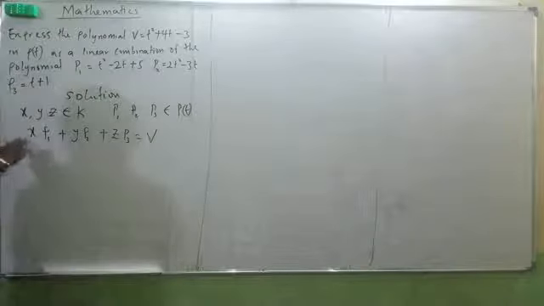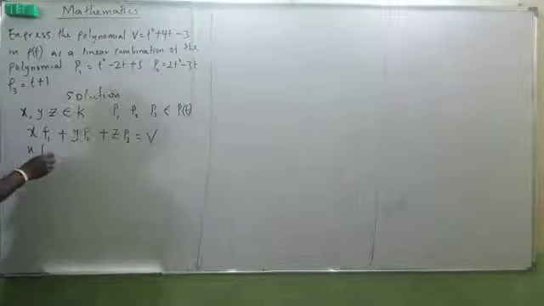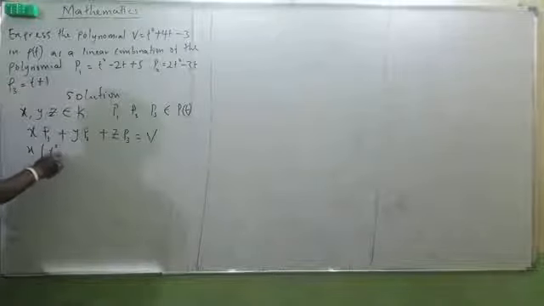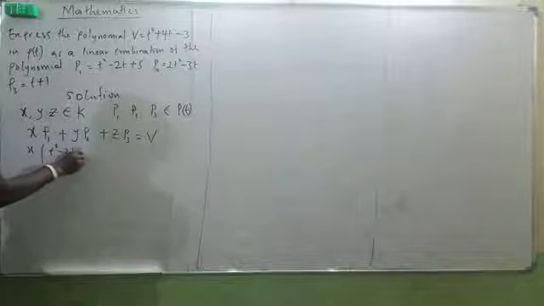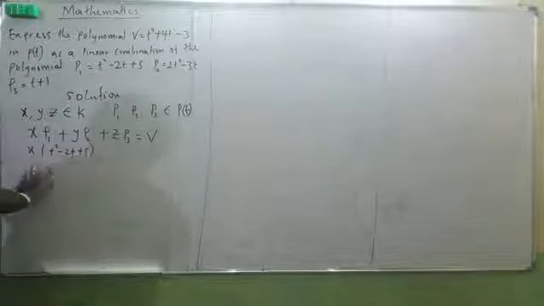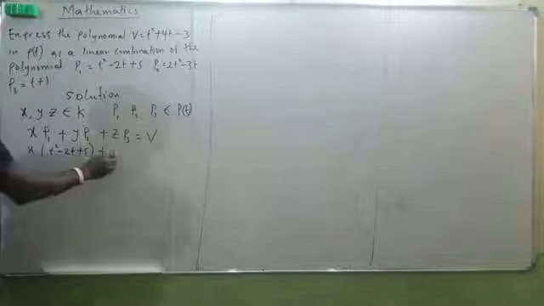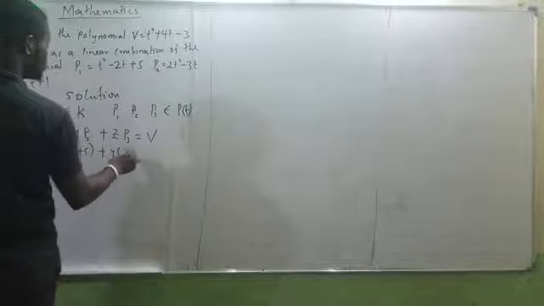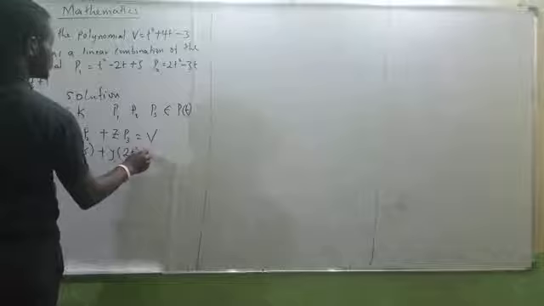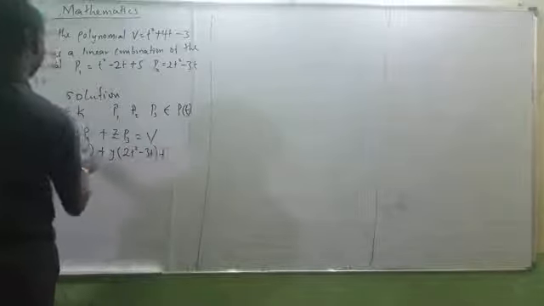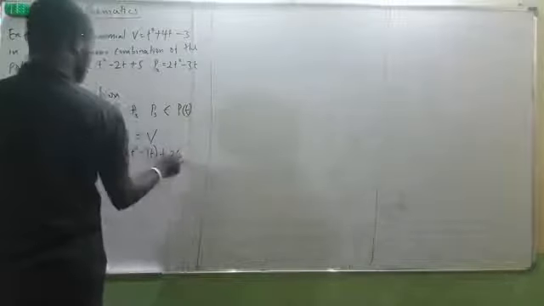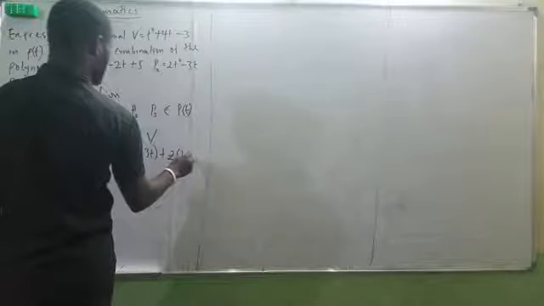Now, my p1 is equal to t squared minus 2t plus 5, plus y times p2, which is 2t squared minus 3t, plus z times p3, which is t plus 1.